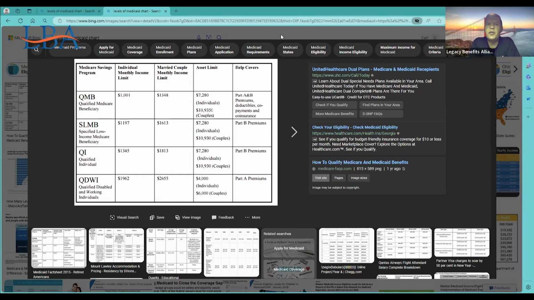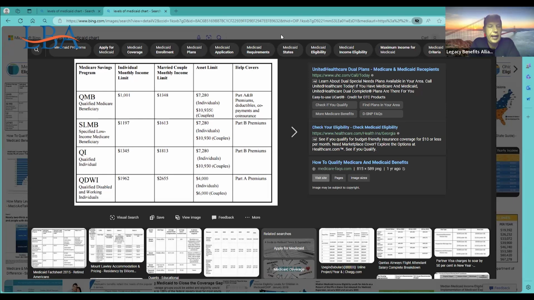Because even though they're Slim B, if they're Slim B plus, they're considered full Medicaid. If they're QMB, in certain states, they may still be partial Medicaid. But if they're QMB plus, they're full. So now that I have confused you thoroughly, let me explain what full Medicaid does regardless.